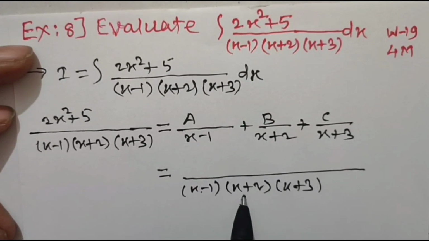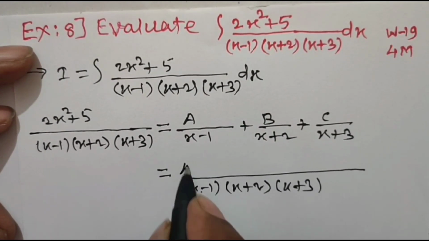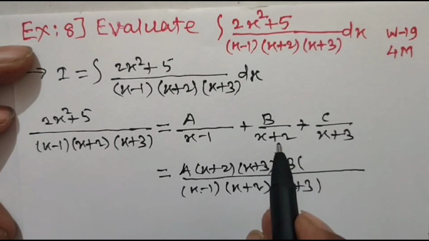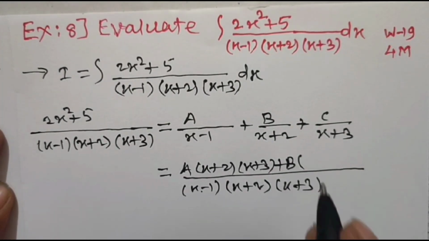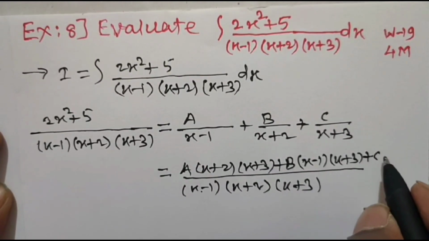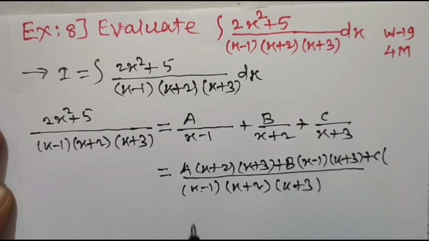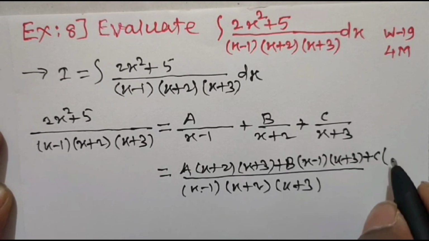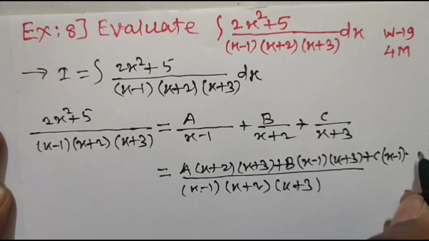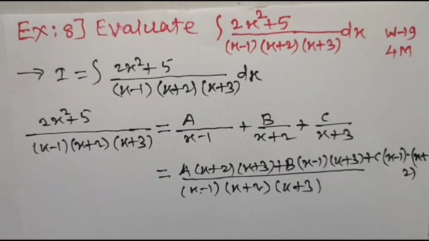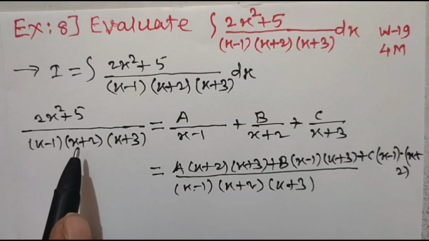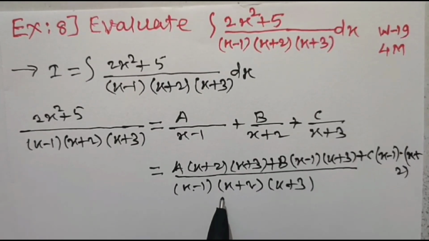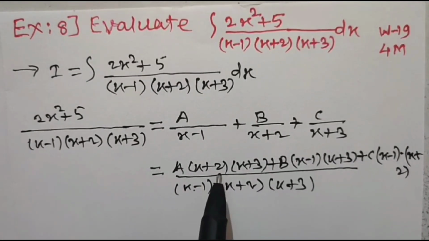So, a into x plus 2 into x plus 3 plus b into x plus 2 gets cancelled with this x plus 2, remains x minus 1 and x plus 3 plus c into x plus 3 gets cancelled with this, remains x minus 1 into x plus 2. Okay. Now, simplify this. You know, LHS is equal to RHS. Denominators of LHS and RHS are equal, hence numerators must be equal.